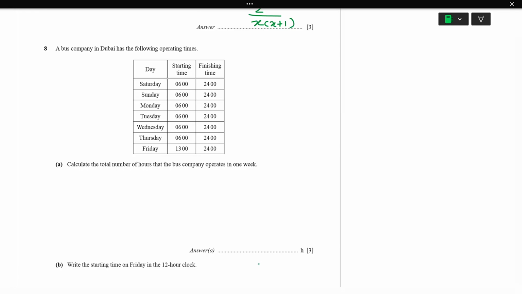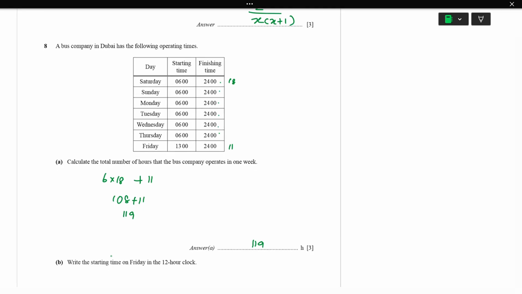Number of hours, so 6 to 24 is 18 hours. 18 hours, how many days? 1, 2, 3, 4, 5, 6. 6 days at 18 hours, plus the Friday 13 to 24. So 1 o'clock to 24, which is 11 hours. So 108 plus 11 is equal to 119, total 119 hours.